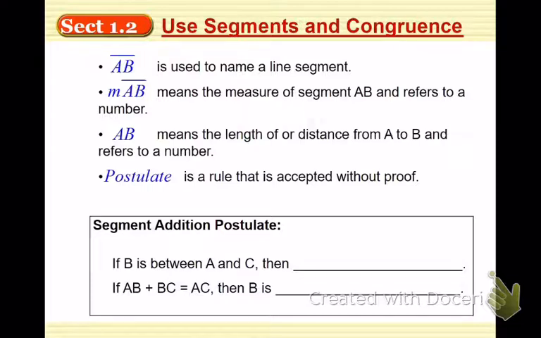The segment addition postulate says that if you have a segment and then a point somewhere between your endpoints, it doesn't have to be in the middle, it could be anywhere, it doesn't matter, then we know that if we find the length of AB and add that to the length of BC, that's going to have to add up to the length of the whole thing, AC.